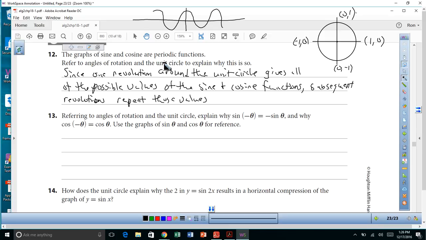Number 13. Referring to angles of rotation in a unit circle, explain why sine of negative theta equals negative sine theta and why cosine of negative theta equals cosine theta. Use the graphs of sine theta and cosine theta for reference.